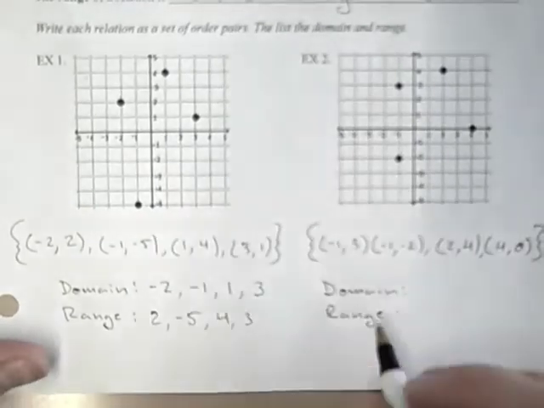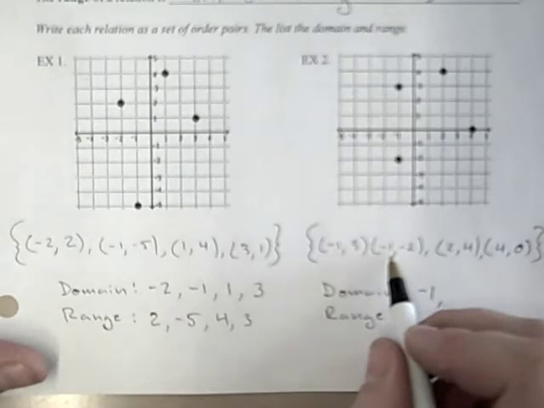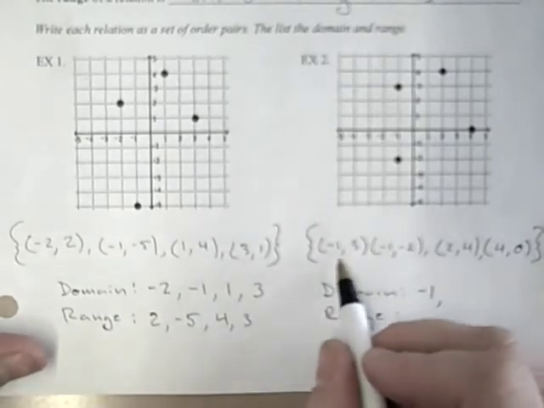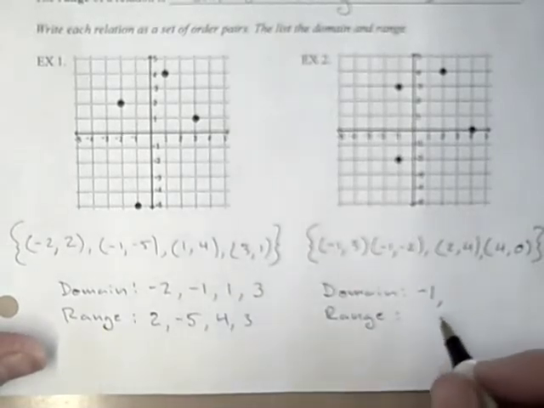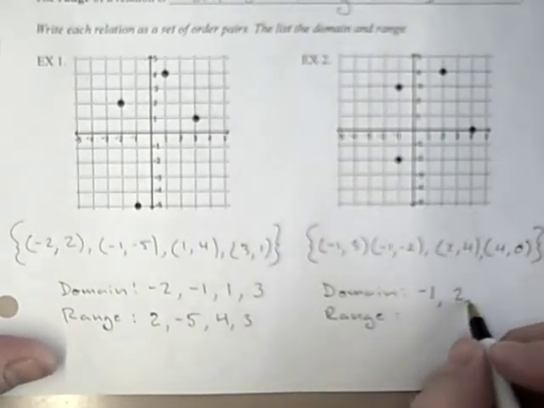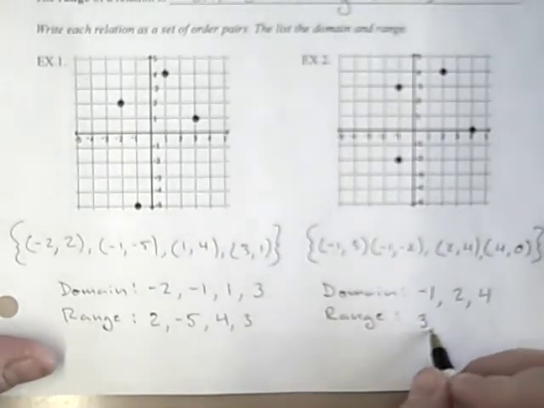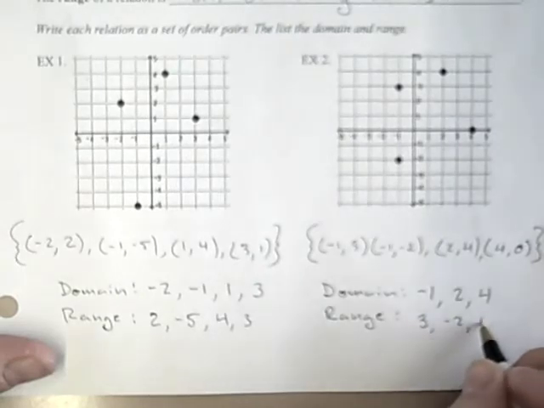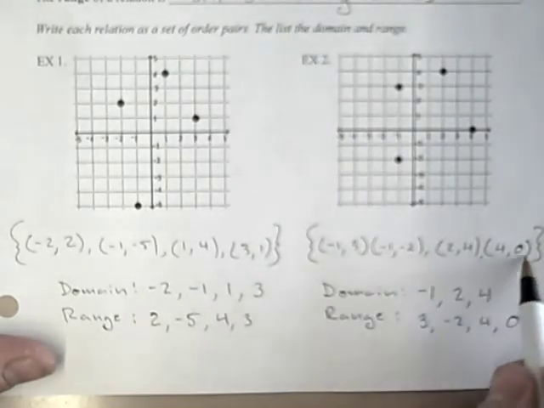The domain in this case is -1. There's another -1 here, but when you're writing out a domain and range and you see one element repeat itself, you do not write it twice. So I only write one -1. Then I jump to the 2 and the 4. For the range, 3, -2, 4, and 0.